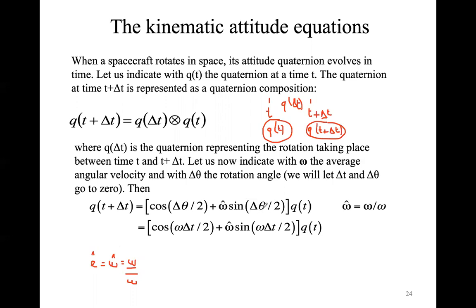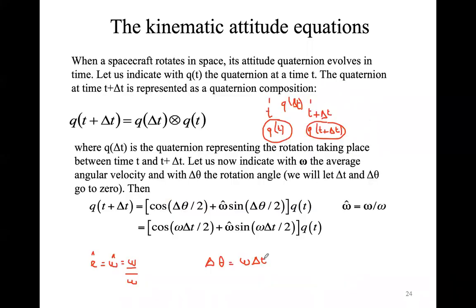But delta theta is equal to omega times delta t, right? So we know that delta theta is equal to omega, the instantaneous angular rotation, times delta t. So we can write this expression in this way.